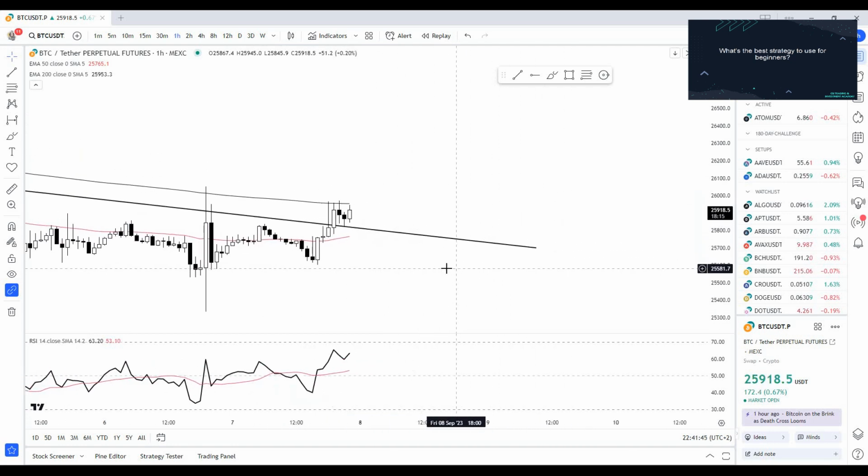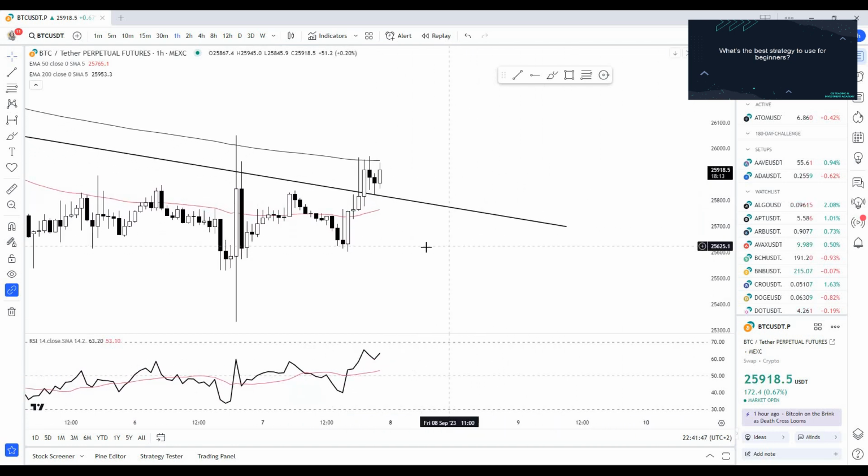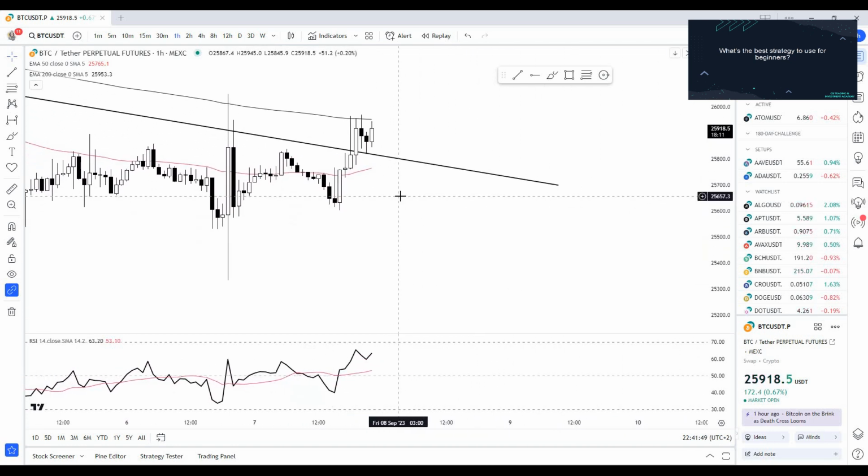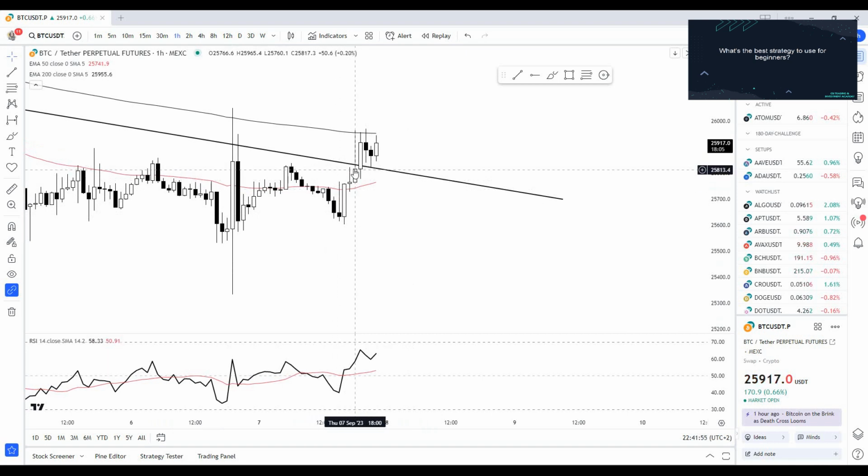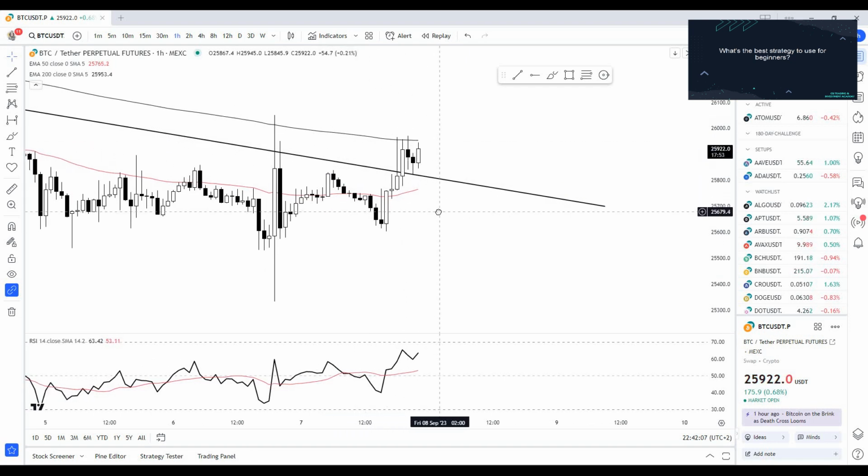But let's say we have a trend line here. You can see a breakout here and a breakout here. So first it tried to break out. So this was a fake out candle. You see it has a big wick. It had a big wick above the trend line, and then it closed back down.